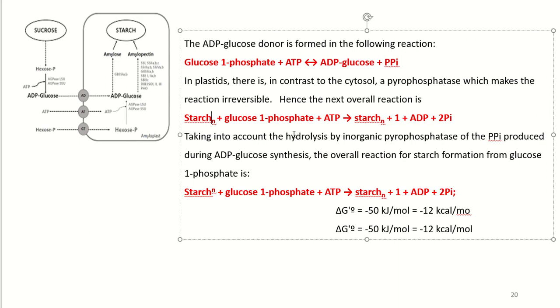So you will find the storage form of starch, and ADP plus 2Pi. This takes into account hydrolysis by inorganic pyrophosphatase of the inorganic pyrophosphate produced during ADP-glucose synthesis. In the overall reaction, the free energy change is nearly minus 50 kilojoules per mole.